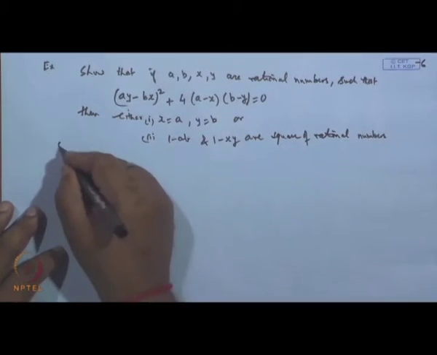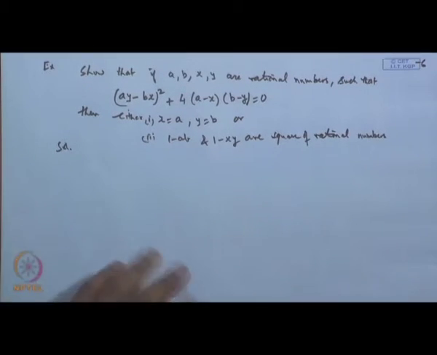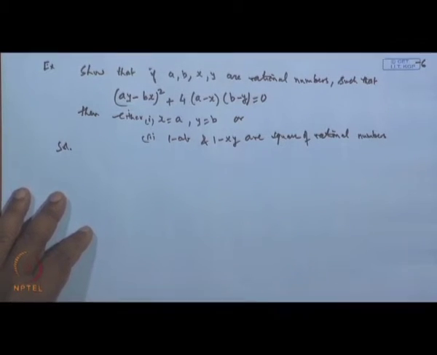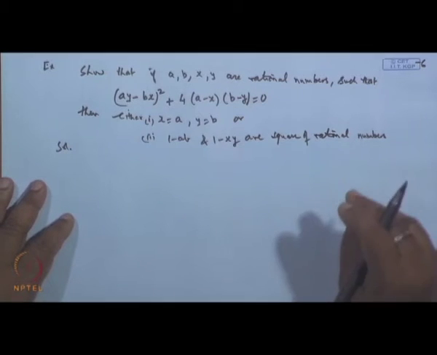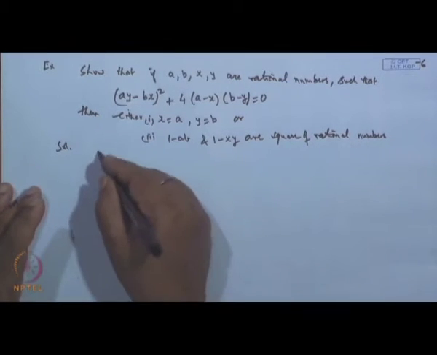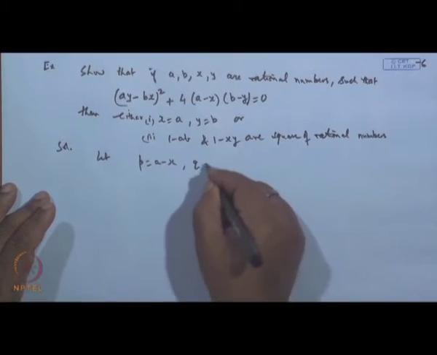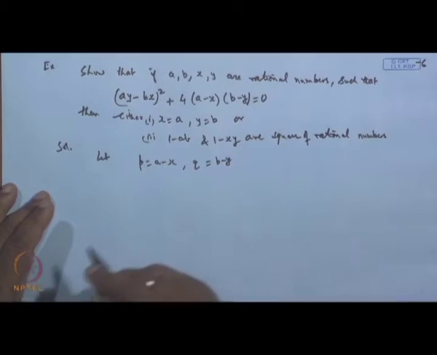Okay. It is basically mathematical. Not much Dedekind cuts is required, but some concepts are required. Okay. So, let p be a minus x, q be b minus y.